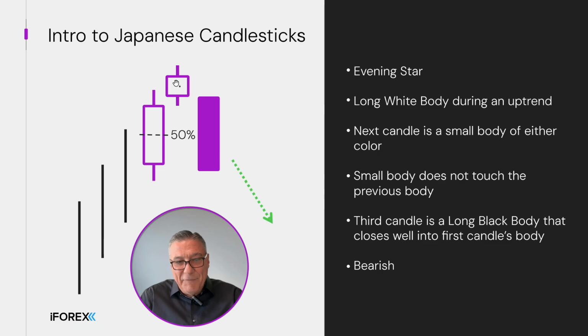And indeed, after this small body, what follows is a black long body, a bearish long body that falls below the 50% level of this long white, long bullish candlestick.